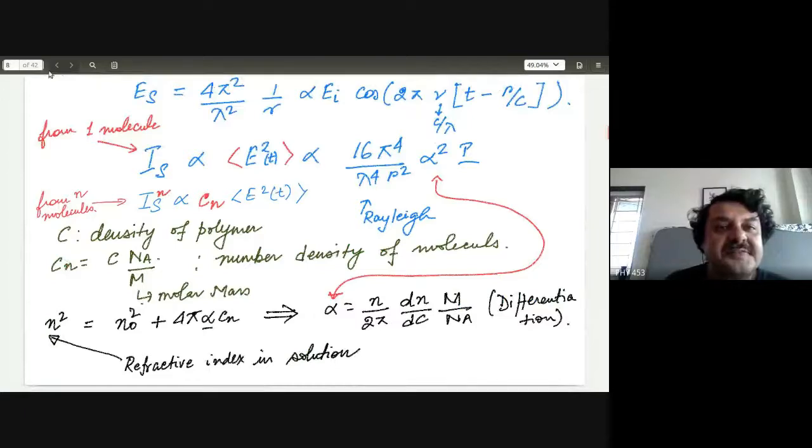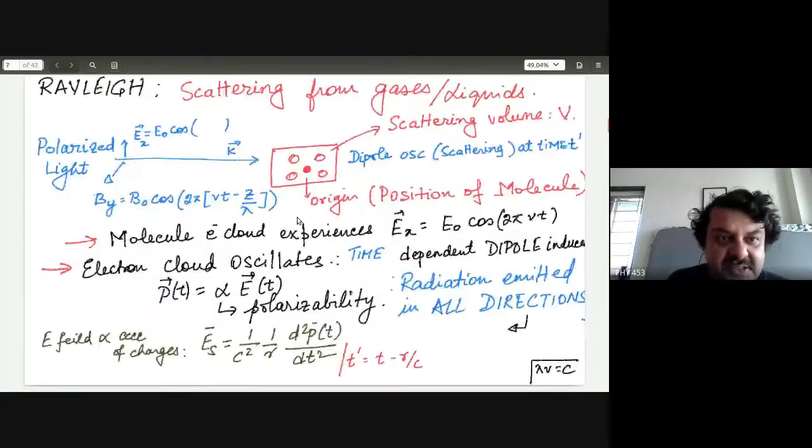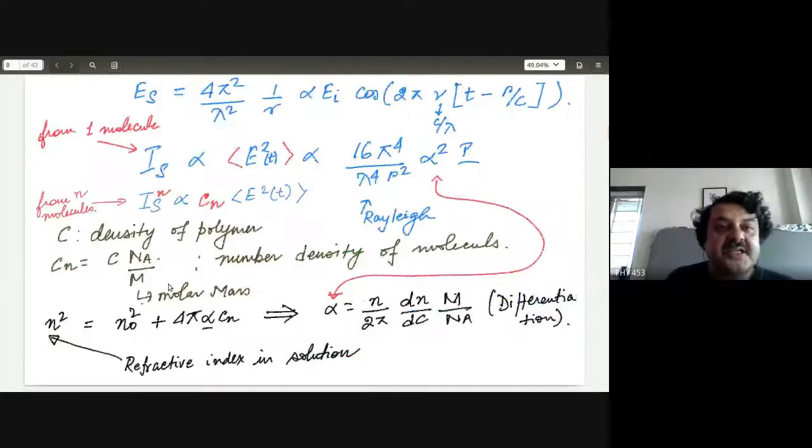So for the scattered electric field, you take the double derivative with respect to time, multiplied by alpha, the polarizability. When you take the suitable derivatives with respect to time, the nu comes out, and nu is replaced by c by lambda.